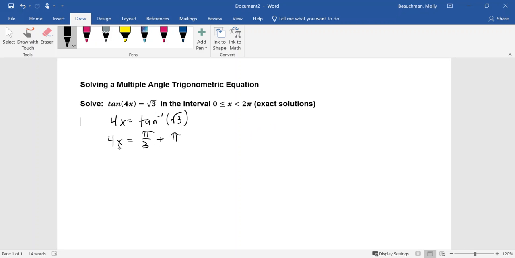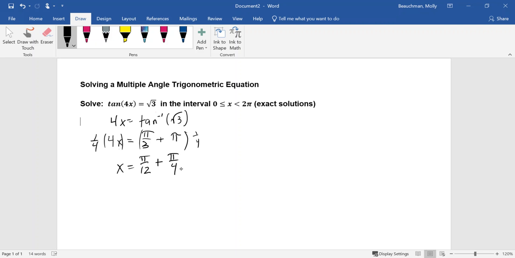Now I don't have just x, I have 4 times x. So to get x by itself, multiply both sides by a fourth. I'm going to multiply this entire expression times a fourth, and you'll see why I have this pi right here. So I have pi over 3 times 1/4 is pi over 12, plus pi times 1/4 is pi over 4.